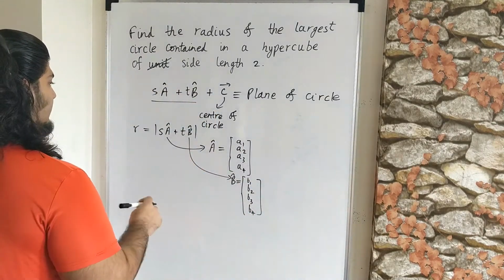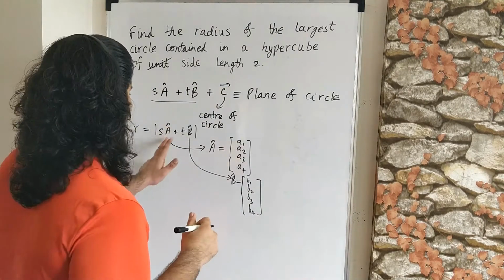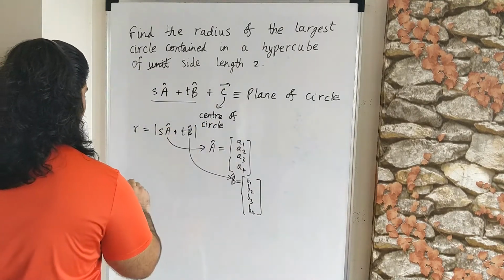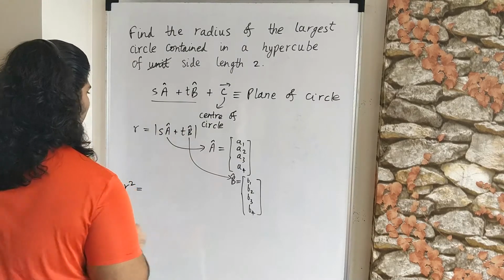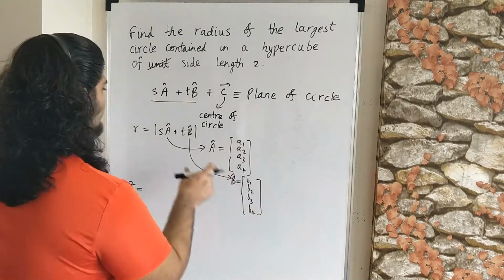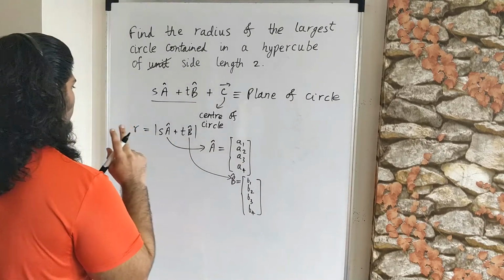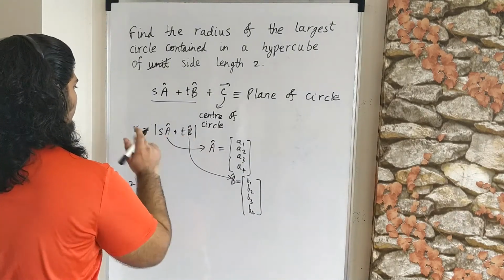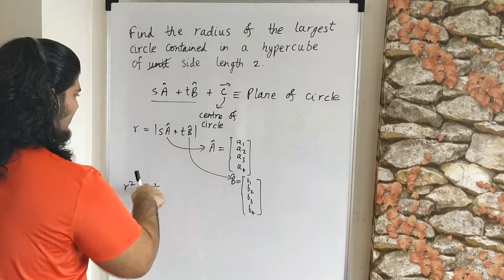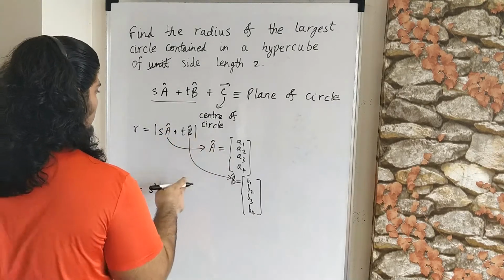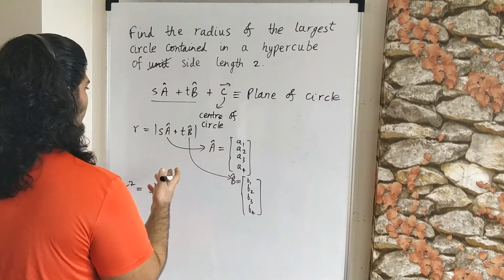And with that out of the way, we can actually simplify this expression by squaring both sides. So if we square both sides, then the magnitude squared of any vector is just the dot product of the vector with itself. So the dot product of this with itself will give us s squared times a dot a. Well, the magnitude of a is 1 because we defined it to be a unit vector.